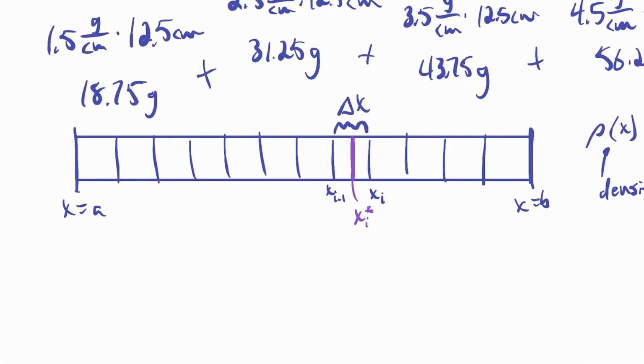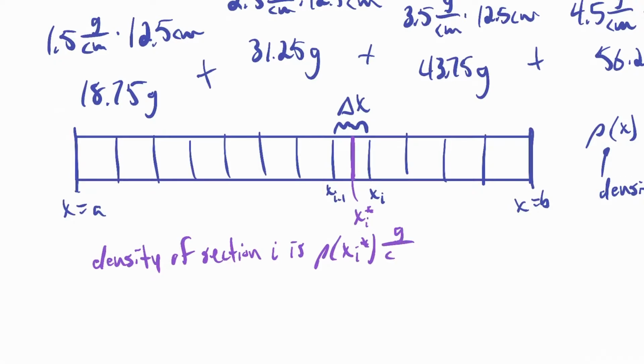So the density of section i is rho of x sub i star. And this is in, say, grams per centimeter, or whatever units you want, of course.